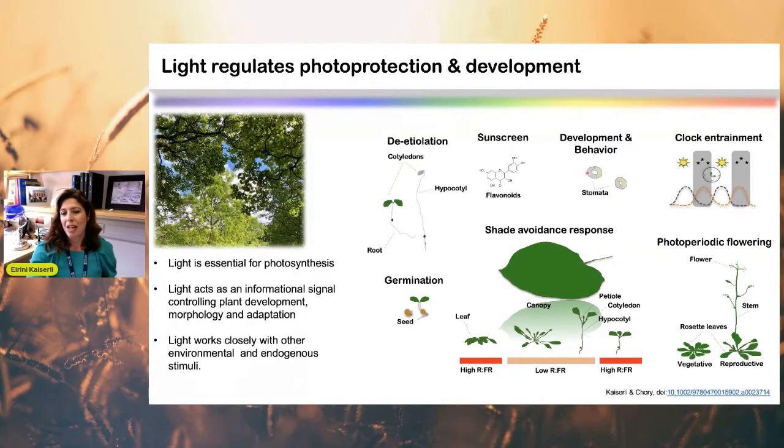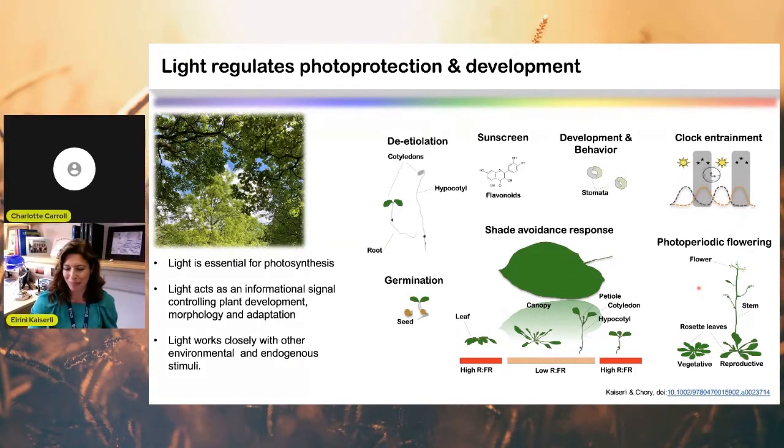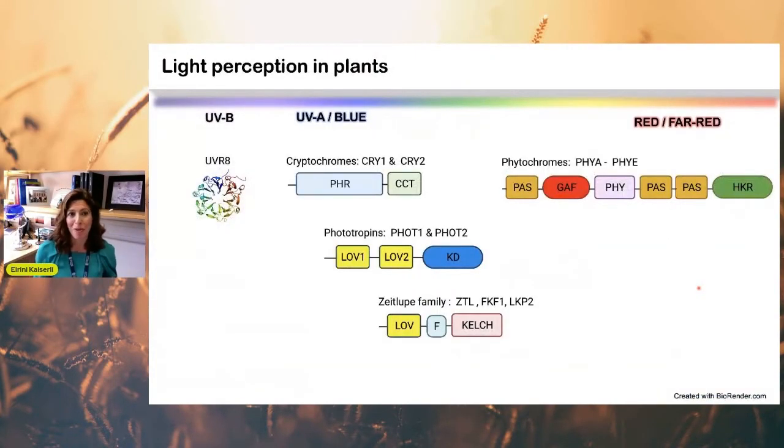Also, light controls stomatal behavior, and trains circadian rhythms, and also the duration of light, of day length within a 24-hour period is very important for determining whether a plant will transition from the vegetative to the reproductive phase, which means it will stop making leaves and it will start making flowers. And also light quality as well as quantity or intensity is very important for informing the plant whether it's under a dense canopy and it needs to escape from it in order to capture more light. So obviously light is really, really important in plants.